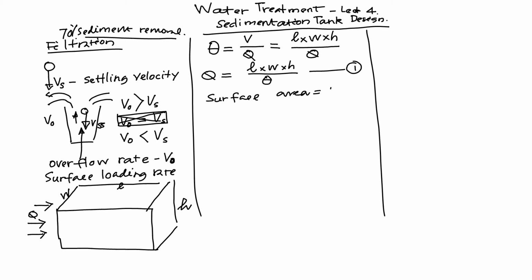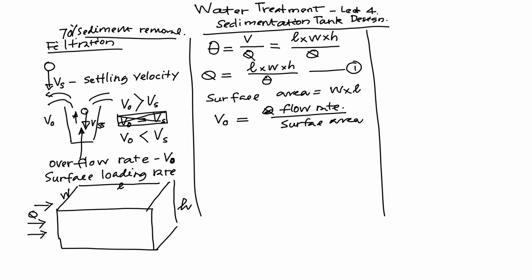Surface area is W times L. Therefore, the overflow rate, which is V0 that we described, is the flow rate Q, how much water is going through, divided by the surface area, which is the top surface area.